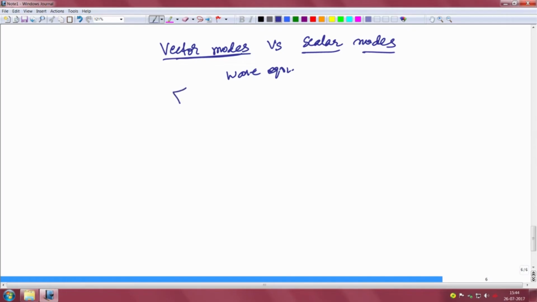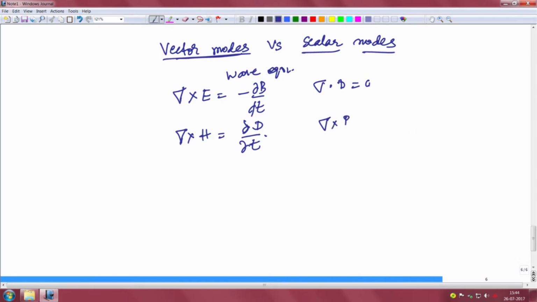So, let us consider starting from del cross E equals minus dou B by dou t and del cross H equals dou D by dou t, and the divergence equations del dot D equal to 0 and del dot B equal to 0.